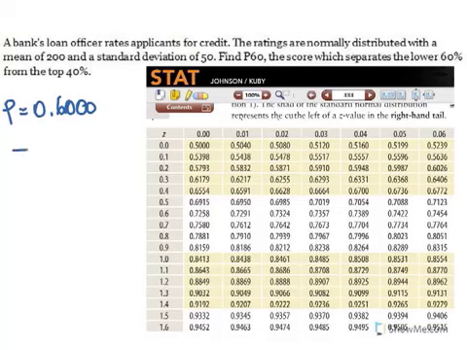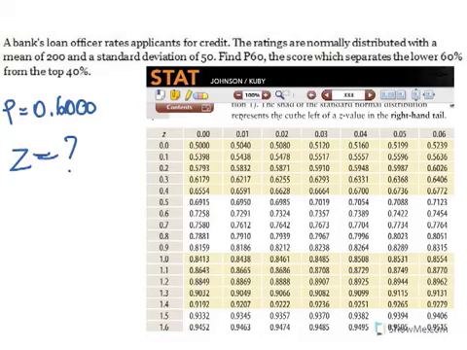We need the z. Okay, so now let's scan the table here, and since we know that this probability 0.6000 is greater than 0.5, we need to look on the right side of the table.